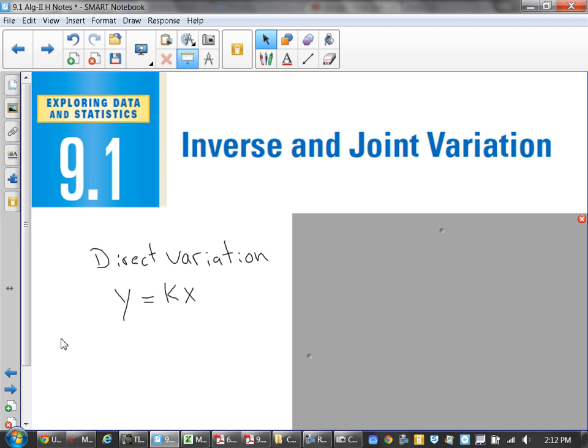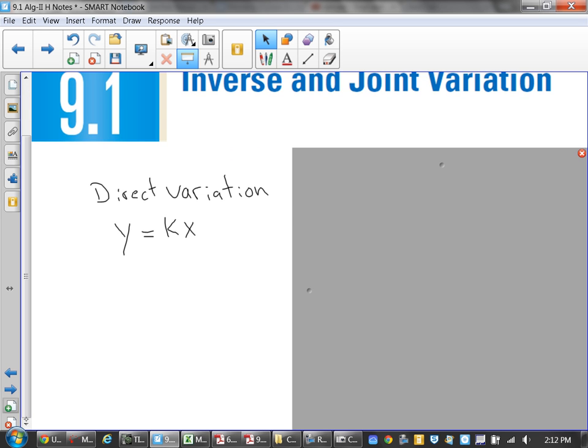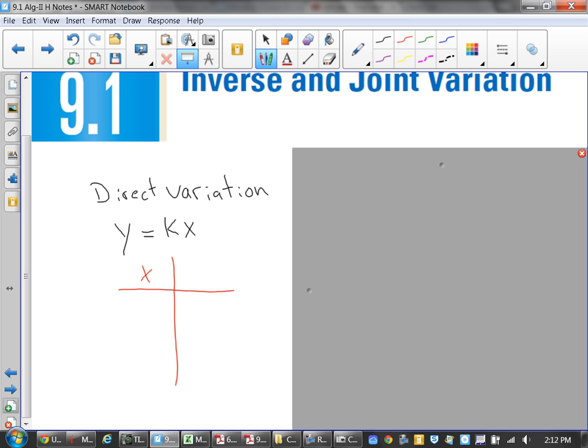When you first learned about slopes, you would go into table form, and you were trying to figure out what was that multiple to x to generate the y value that was constant. For example, you looked at something like this. You had a very simple table of x's and y's.